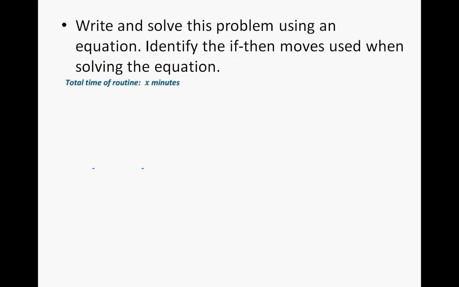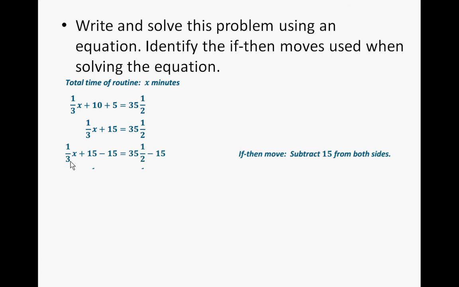Well, let's say the total time of the routine takes x minutes. So if 1/3 of x plus 10 plus 5 is equal to 35 1/2 minutes, then that means that 1/3 x plus 15 equals 35 1/2 minutes. And so by subtracting 15 from both sides, we get 1/3 x plus 0 equals 20 1/2.